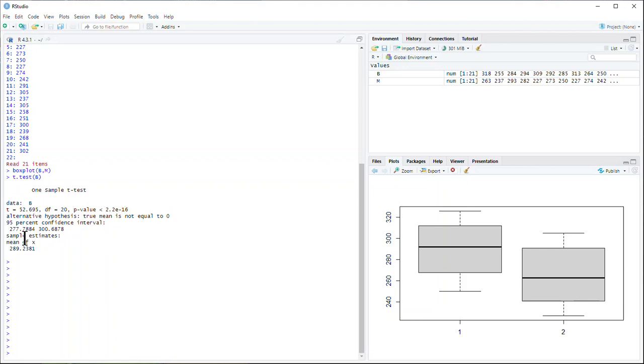So if I read this, look at my 95% confidence interval. By the way, 95% is the default for the student t-test in R. I can change this interval using commands to a different interval if I want. But the 95% confidence interval is between 277.8 and 300.7 pounds.